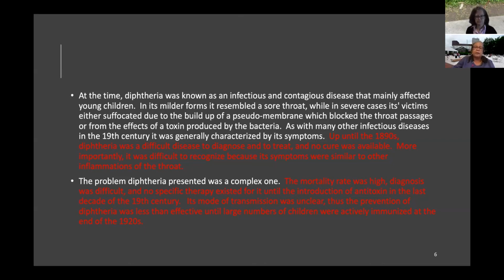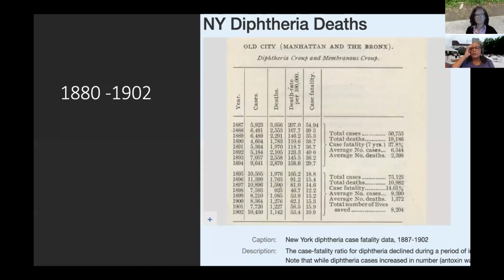And you can just look at this old chart that tells you in 1887, in New York City, Manhattan and the Bronx, you have 5,923 cases, 3,000 deaths. And then moving down, if you look at 1894, you have almost 10,000 cases, but only 2,870 deaths.